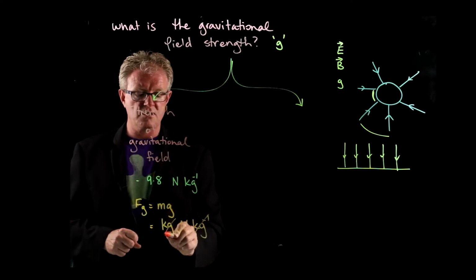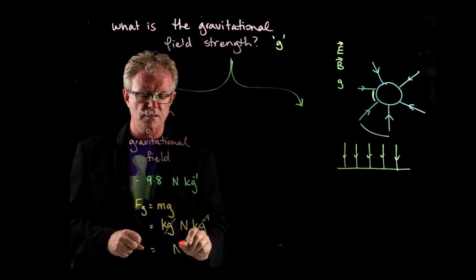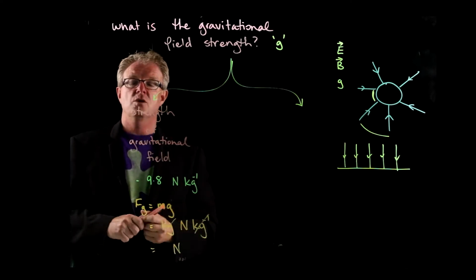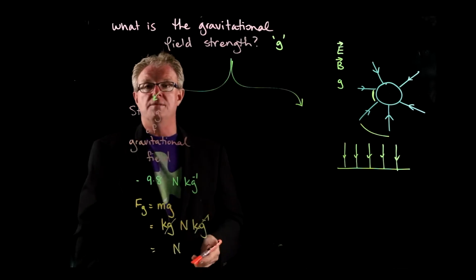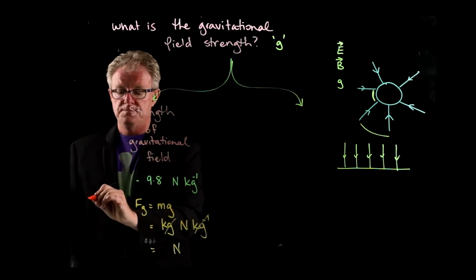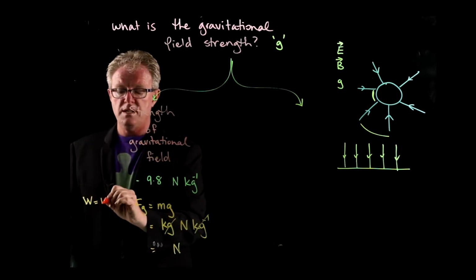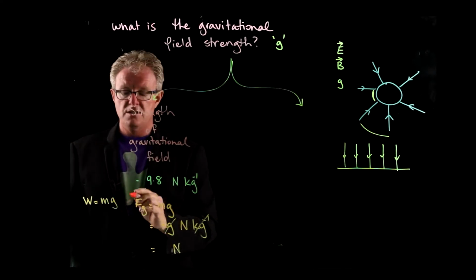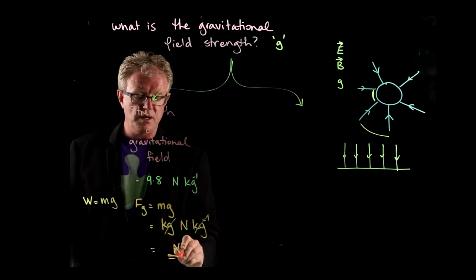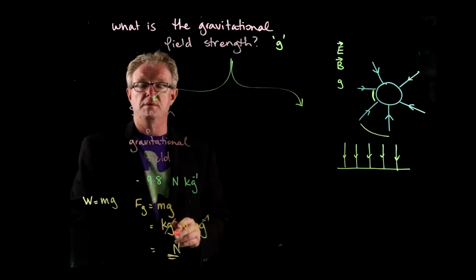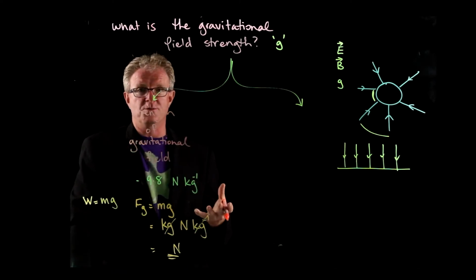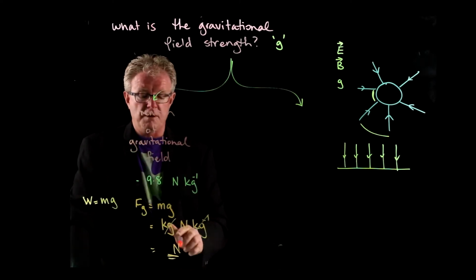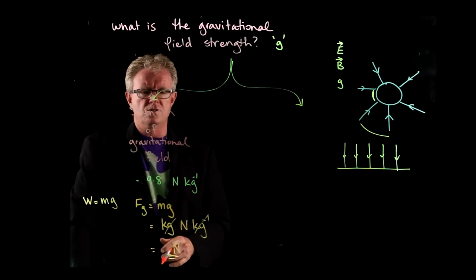The kilograms cancel, and therefore our final answer is newtons. So when we work out our weight, the weight is equal to mg, and our final weight ends up in newtons. Sounds a bit weird, but the unit that we use is newtons.